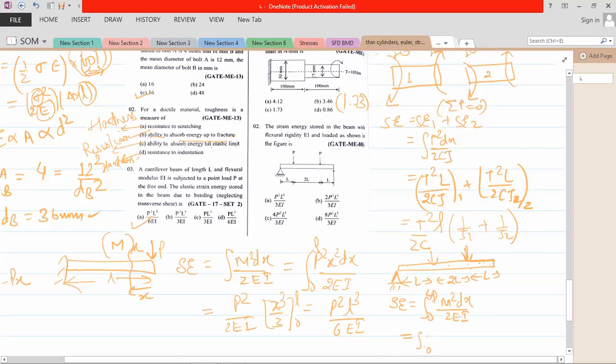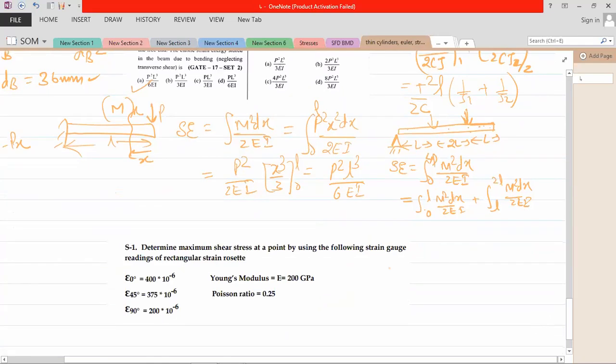So we write the integral 0 to L of M square dx upon 2EI plus the integral L to 3L, sorry, just wait a sec, L to 3L, and then 3L to 4L, of M square dx upon 2EI. Now M for the first region is 0, so this term will go out.